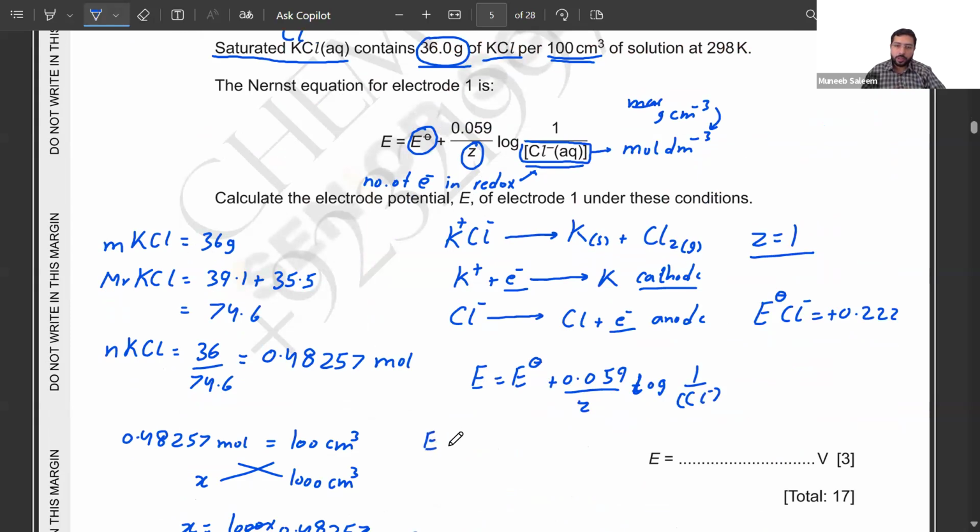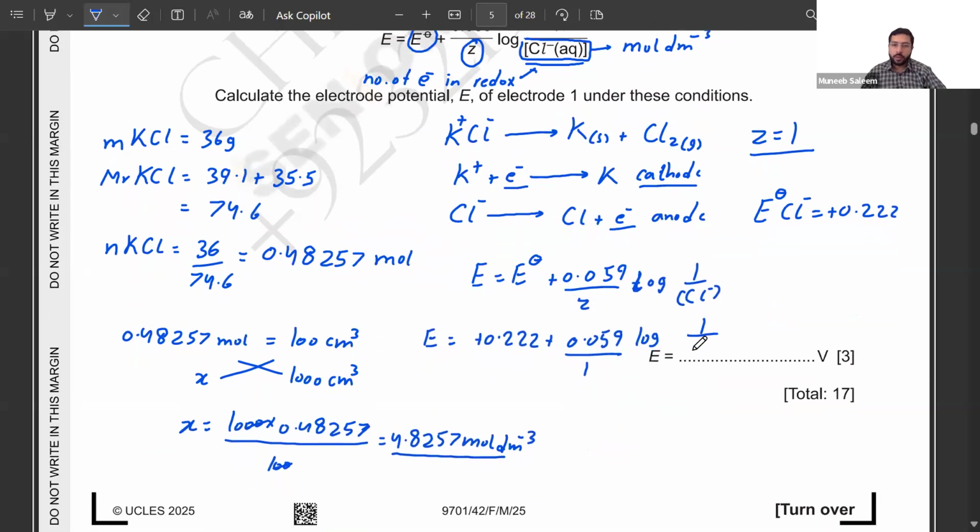Put the values: E is equal to E naught value plus 0.222 plus 0.059 divided by 1 into log of 1 over the concentration, 4.8257. So when you do the calculation, you shall get the answer as plus 0.182 volt. So this is the final answer, plus 0.182 volt.